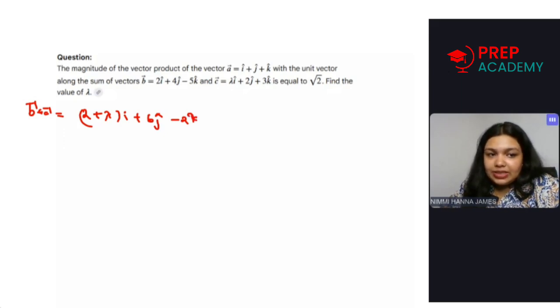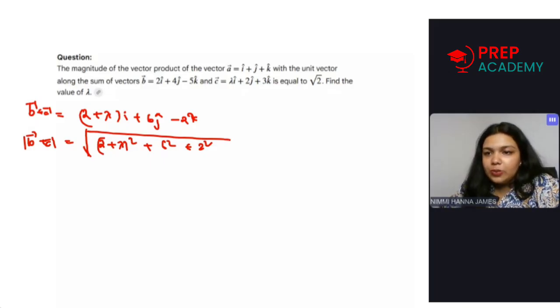So that is B plus C vector. Now we want to find the magnitude of that. Modulus of B plus C vector is equal to root of 2 plus lambda squared plus 6 squared plus 2 squared, right? x squared plus y squared plus z squared. So root of 2 plus lambda squared, I'm keeping it like that, plus, okay, or I'll solve it.